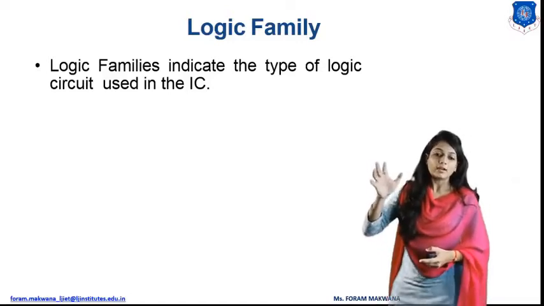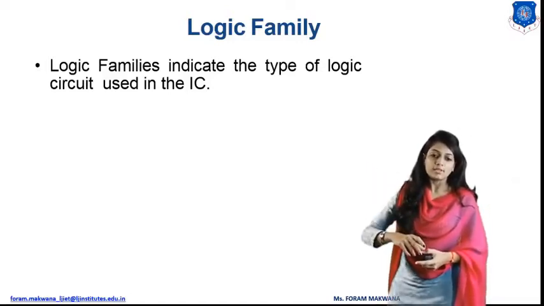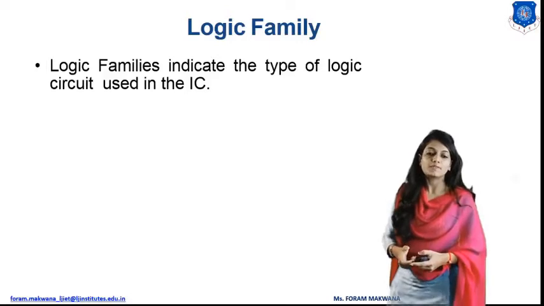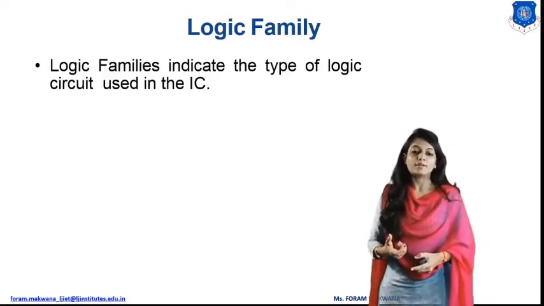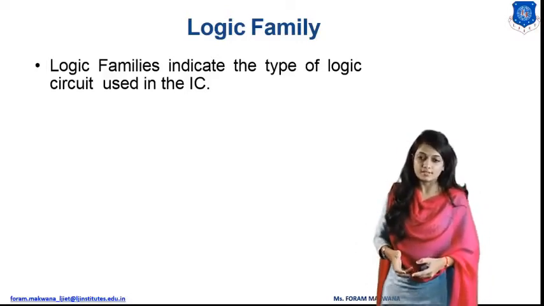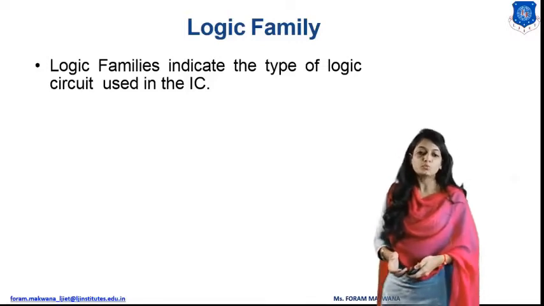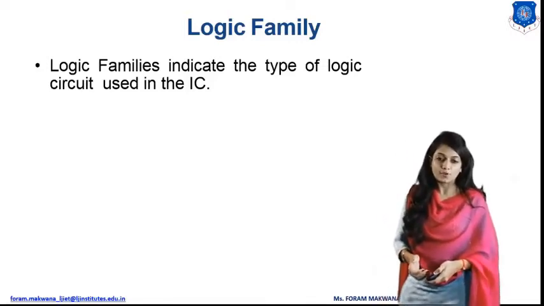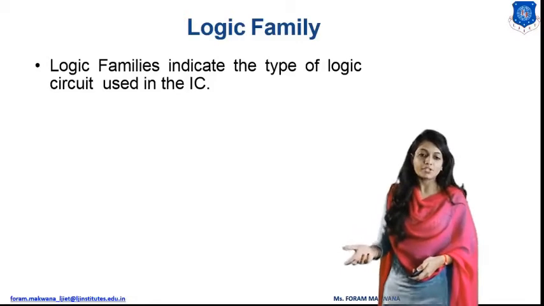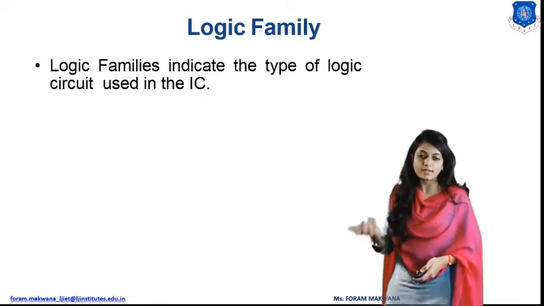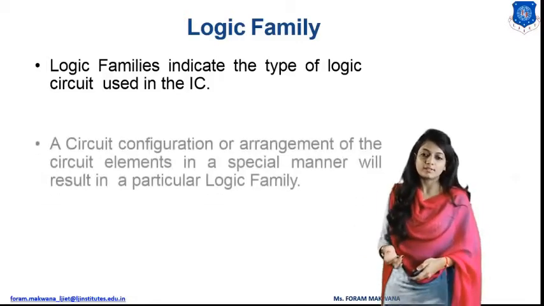These logic gates are formed into a specific IC. So an IC is made up of a number of logic gates to perform different types of logic, whether it is AND operation, OR operation, XORing, XNORing, likewise.